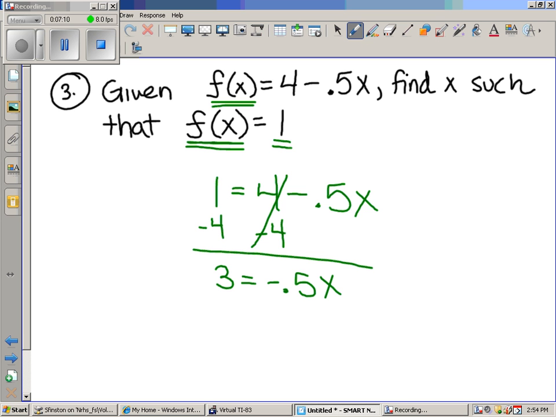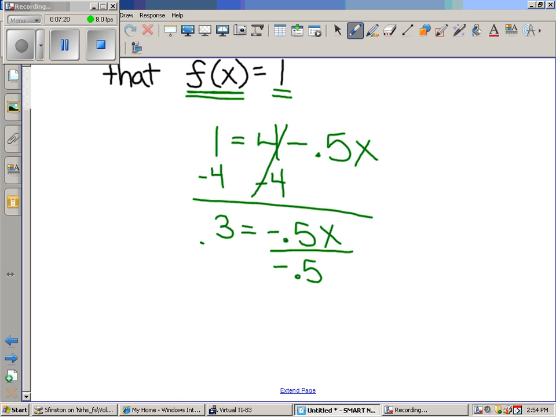How do you get x by itself? Divide by negative 0.5. Very nice. And what do you get? Oh, you're right. 1 minus 4 is negative 3. Sorry about that. What's negative 3 divided by negative 0.5? Yeah, very nice. Just 6.